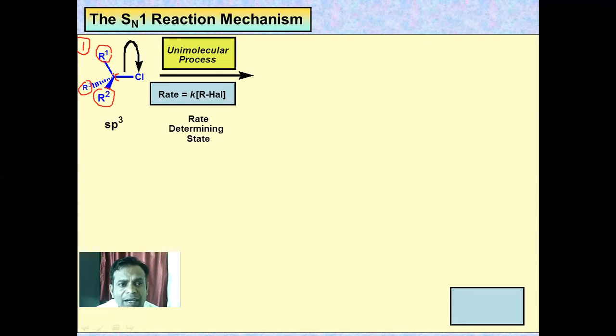So what happened here? The bond between carbon and chlorine is broken. Which is more electronegative, carbon or chlorine?